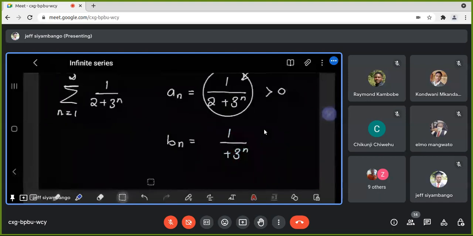If only the 2 was not there, notice that this would look similar to a type of sequence that we have seen before. What sequence is it? What sequence looks similar to this?